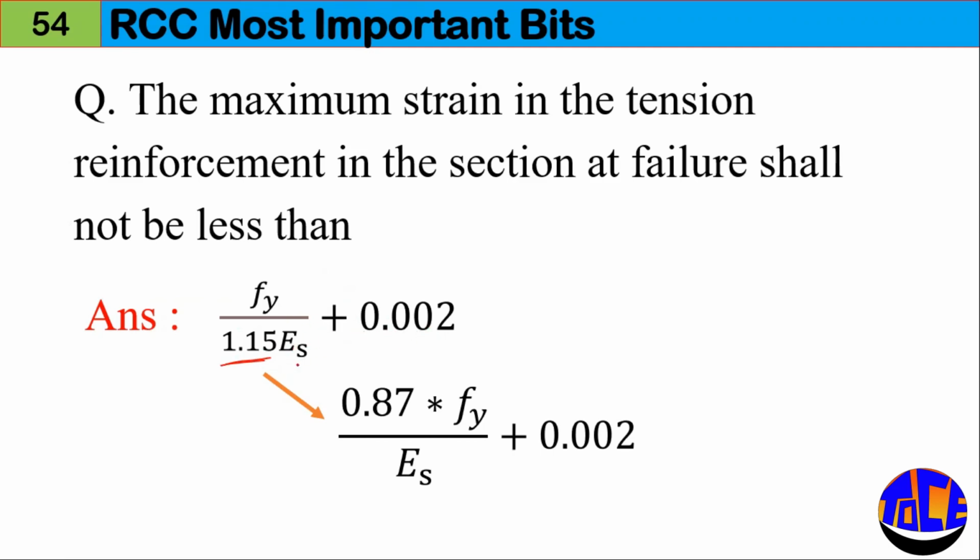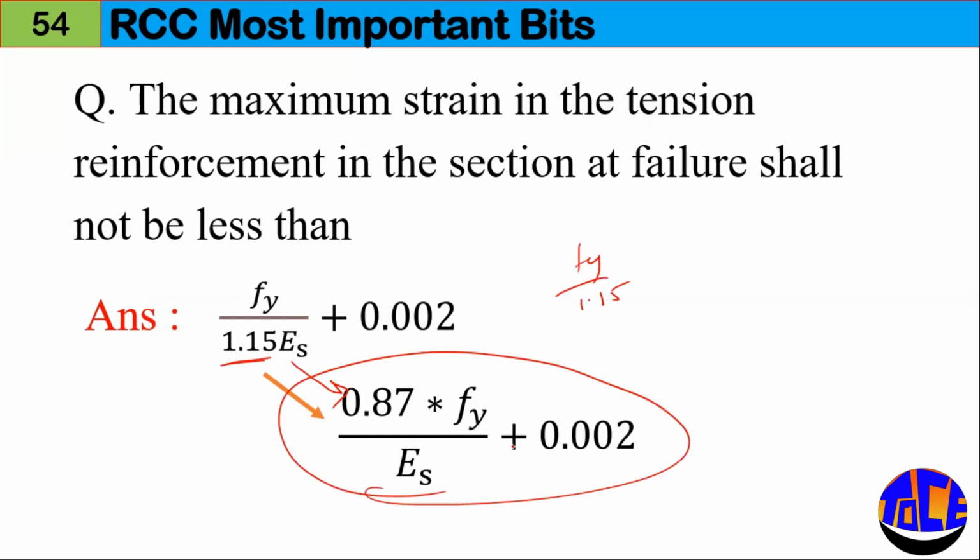In another way this equation can be written: Fy divided by 1.15 gives you 0.87, so 0.87 Fy divided by ES plus 0.002. This is the maximum strain in the tension reinforcement and it should not be less than this value.